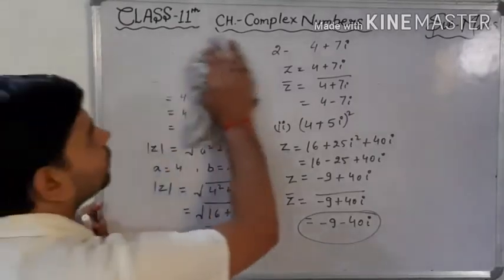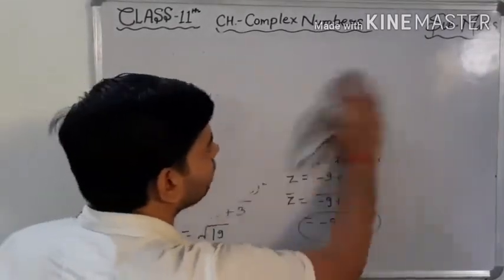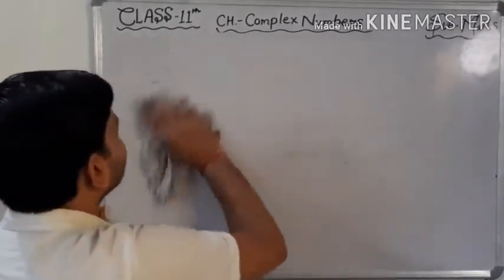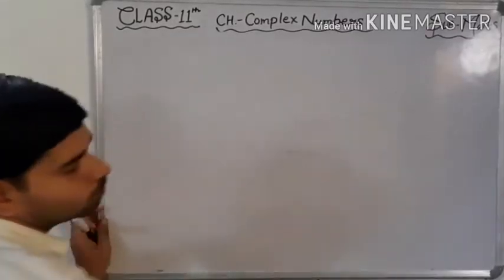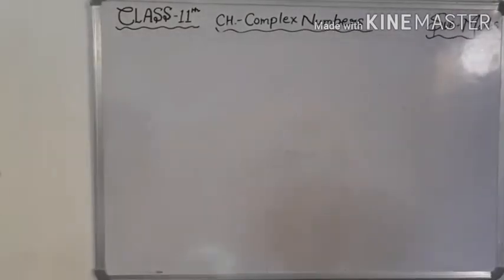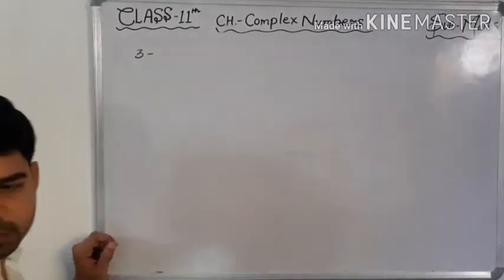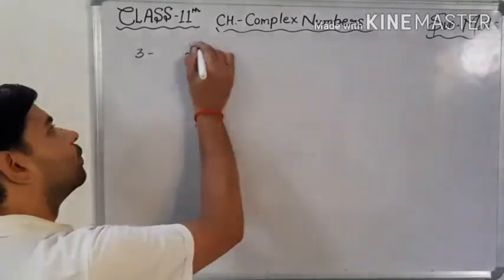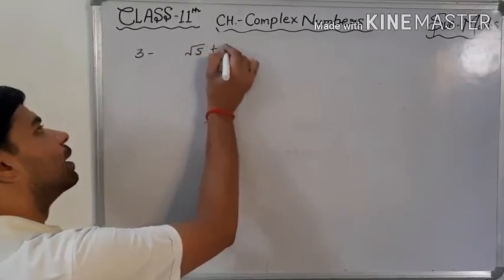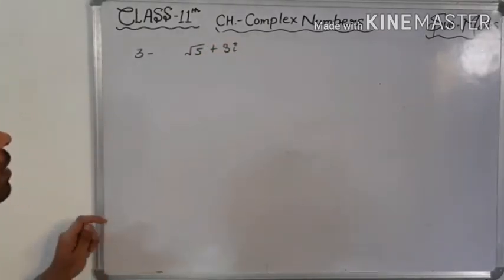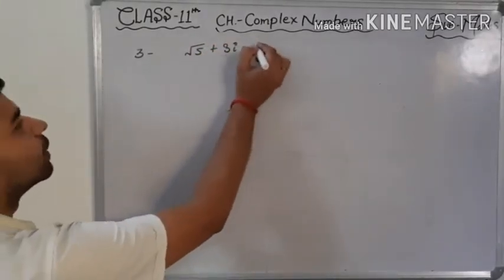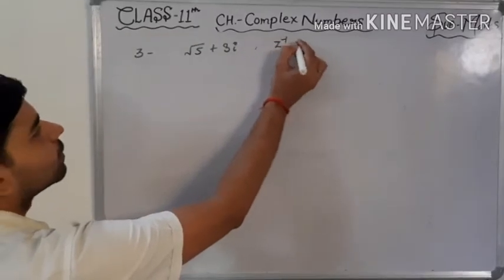Now see the next question. We have given a complex number under root 5 plus 3i. We have to find the multiplicative inverse of this number, z inverse.